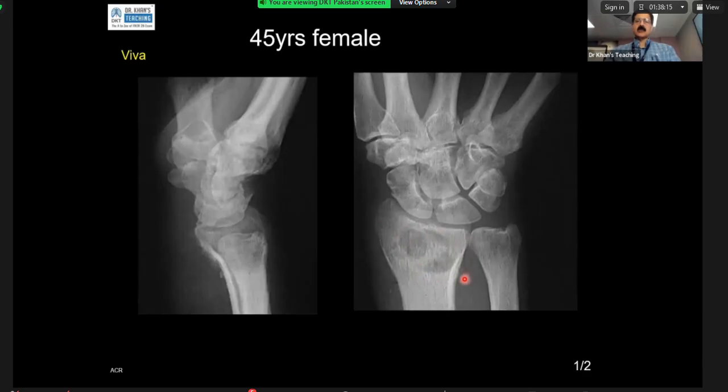So, can it be a giant cell tumor? Yes, sir. But usually it's not that locally aggressive. It's locally aggressive, but not with a wide zone of transition. Anything else? With a wide zone of transition, it's not possible. Anything else in the differential?